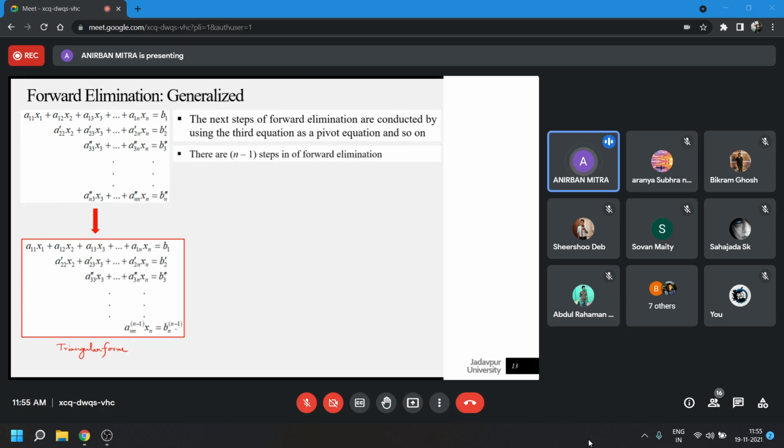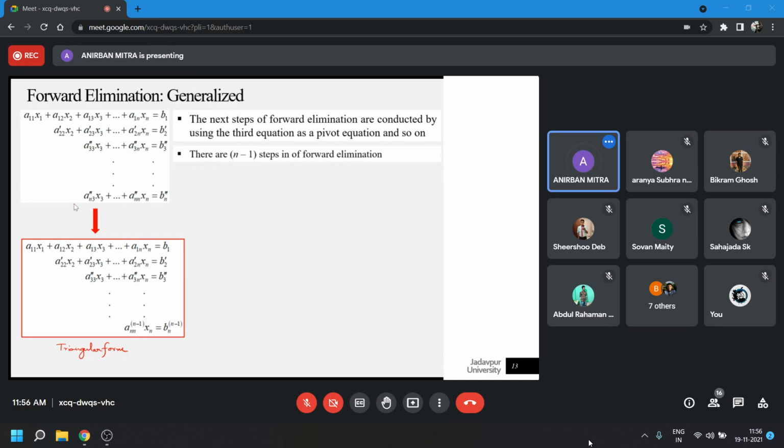And the last equation would have gone through n-1 steps of forward elimination, and that is why this n-1 is present here as a superscript. This is not a power, by the way. It just indicates how many forward elimination steps that coefficient has actually gone through. I hope that is clear.